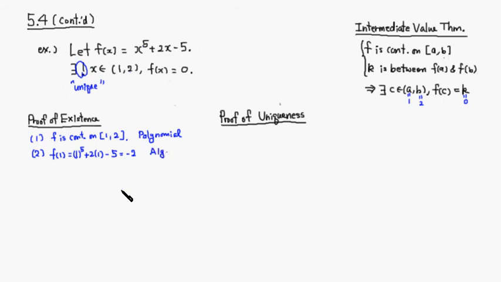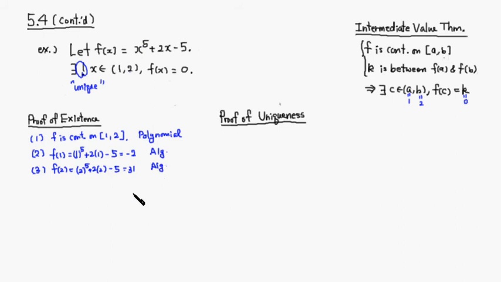Line 3, we have to look at f(2) as well. It's 2 to the 5th power plus 2 times 2 minus 5, so 2 to the 5th power is 32, 32 plus 4 is 36, minus 5 is 31. This is just doing algebra.